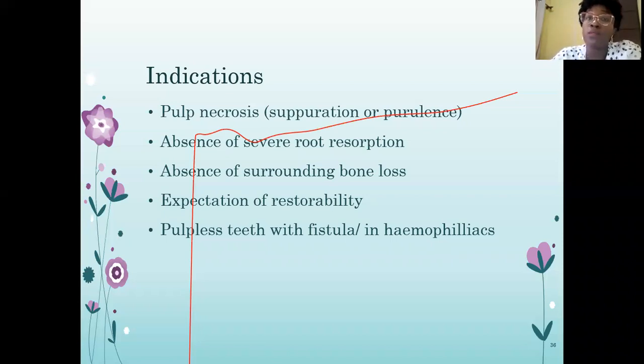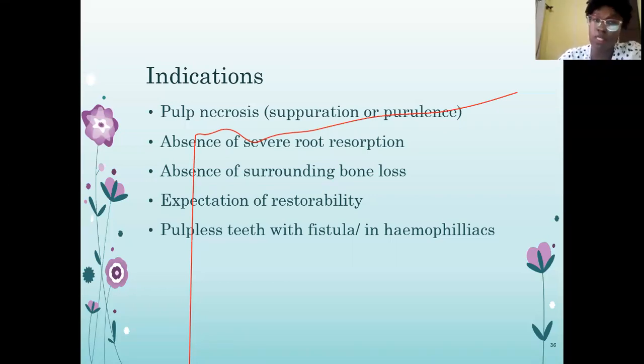There are some schools of thought that, when an abscess is present, don't even attempt a pulpectomy, extract the tooth and place a space maintainer. Whereas according to the American Association of Pediatric Dentists, even if you have an abscess, you can still try to do your pulpectomy, as well as you should, and the tooth will survive.